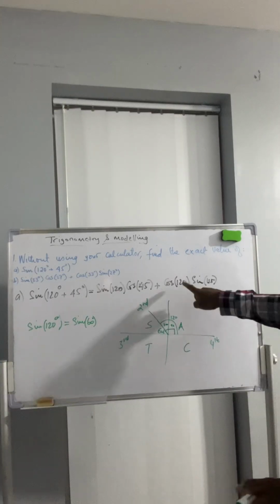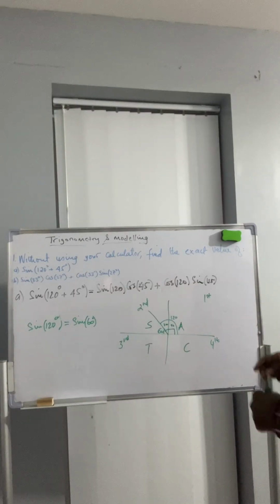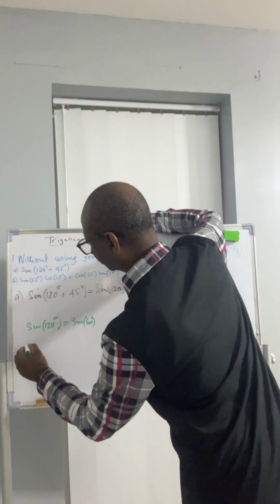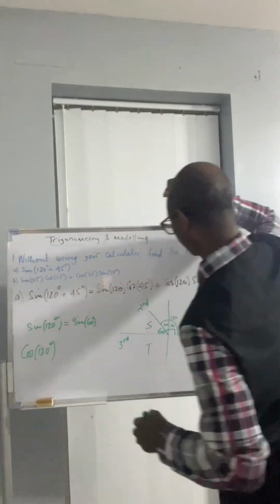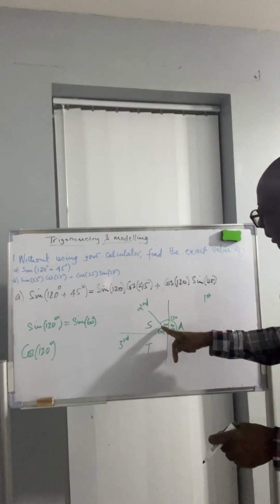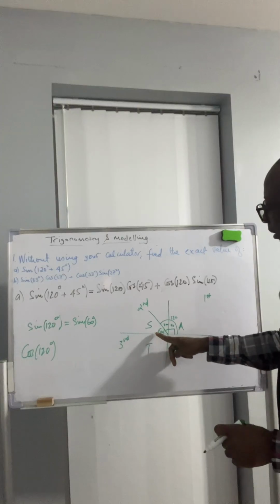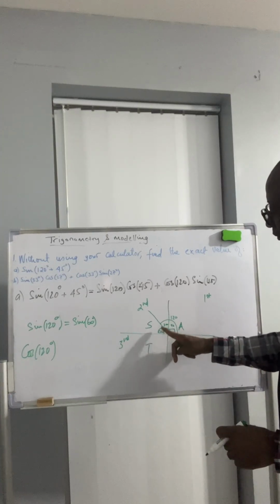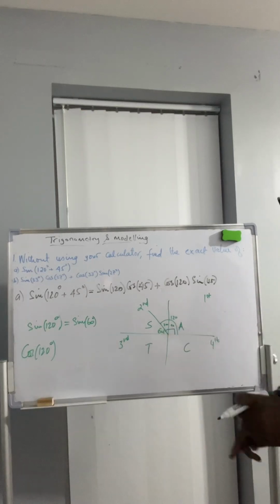So we have cosine of 120 here. So let's find what the cosine of 120 will be. So the cosine of 120 degrees, again, we are looking for 120 degrees. So 120 degrees stops here. So it will still remain 60 degrees to complete the straight line. But the cosine is not positive here.